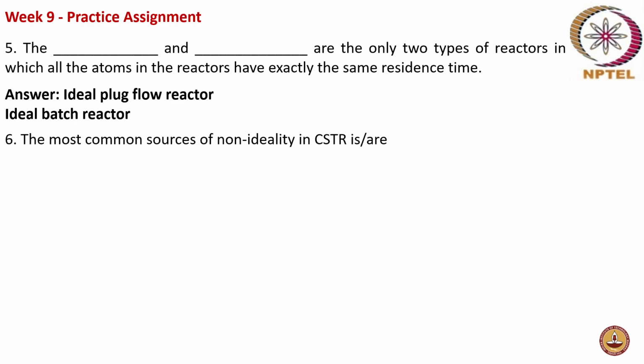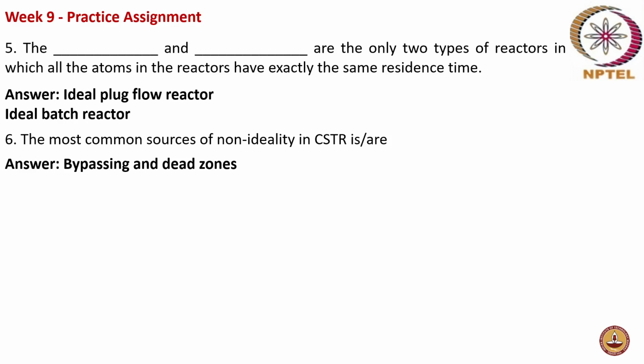Now the next question. What are the most common sources of non-ideality in CSTR? So in CSTR, the bypassing and the dead zones are the most common sources of non-ideality. So that is why we don't have an ideal CSTR which has the same residence time for all atoms in the reactor, because in CSTR there are chances of bypassing. That means the particles entering may leave the reactor immediately.